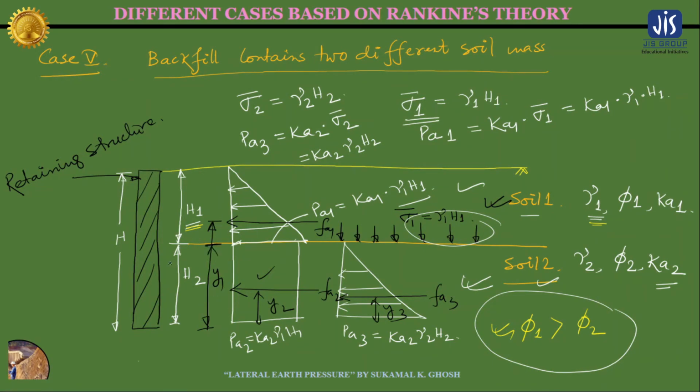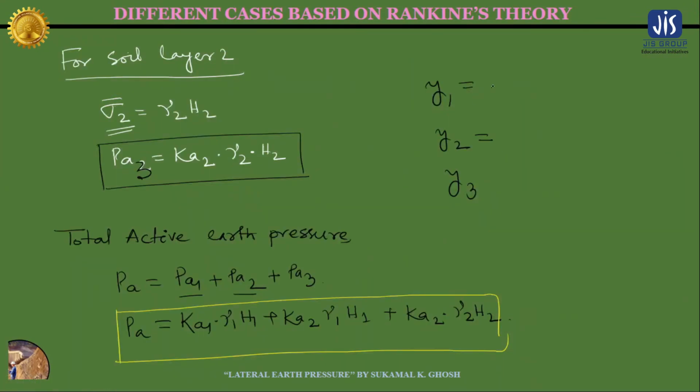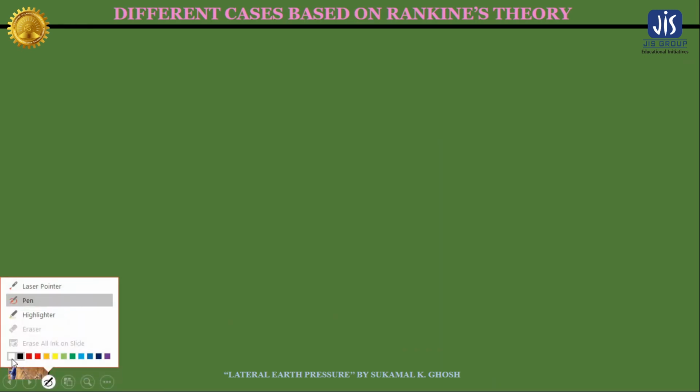Up to this portion it is H2 and this portion will be H1 by 3. This Y2 will be H2 by 2 and this Y3 will be H2 by 3. Okay, so let me write it here. Y1 will be H2 plus H1 by 3, Y2 will be H2 by 2 and Y3 will be H2 by 3.